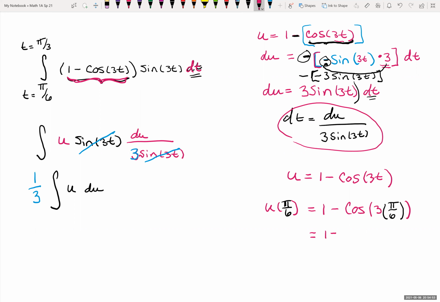Notice that 3 times pi/6 is the same thing as pi/2. Cosine of pi/2, cosine is your x value on the unit circle, and pi/2 is on the positive y-axis, so that's going to give us 0. So when t is pi/6, we get that u is equal to 1.